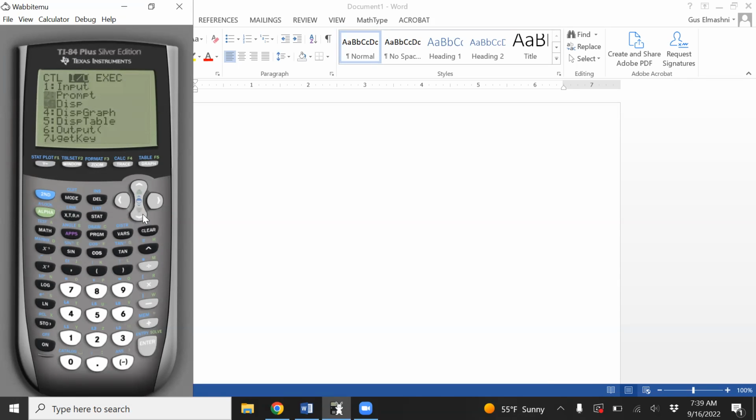Program, IO, display alpha F, and let's actually have that display as a fraction instead of just a decimal, in case you do get a decimal. And it'll simplify the fraction for us. And then alpha G, store, oops, sorry, math, frac.